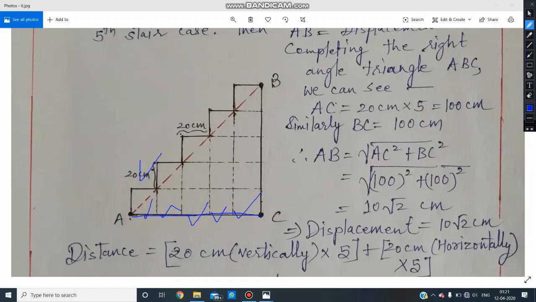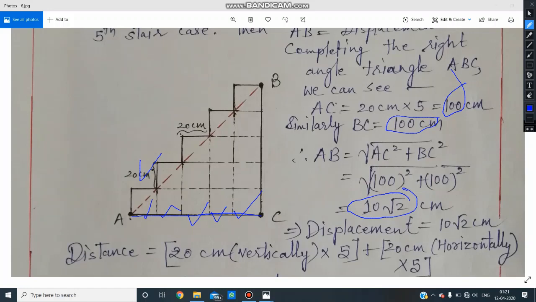Similarly, BC is 5 times 20 centimeter. So in that manner, the values of AC and BC both come to be 100 centimeter. Following the Pythagoras theorem, we get the complete calculation as square root of 100² plus 100², and the final answer stands 100 root 2 centimeter.